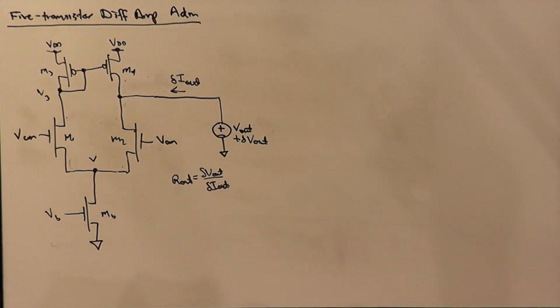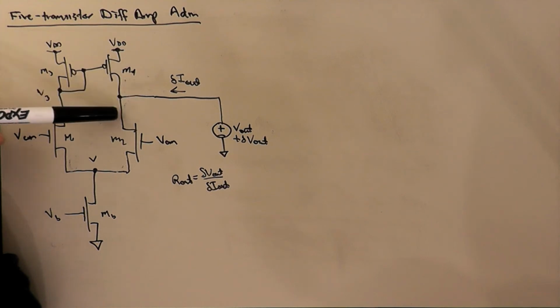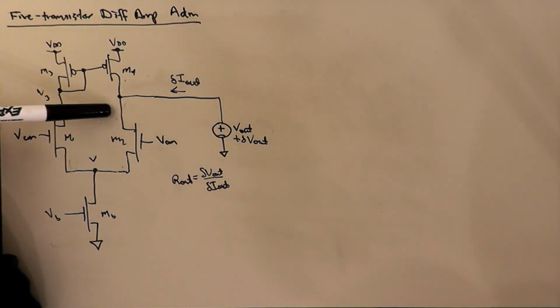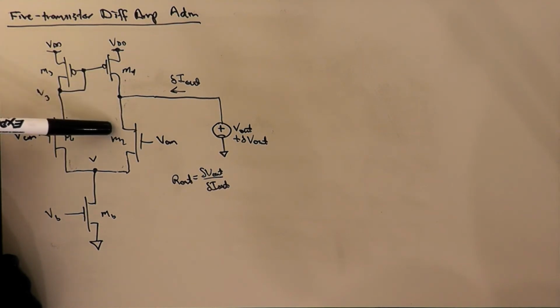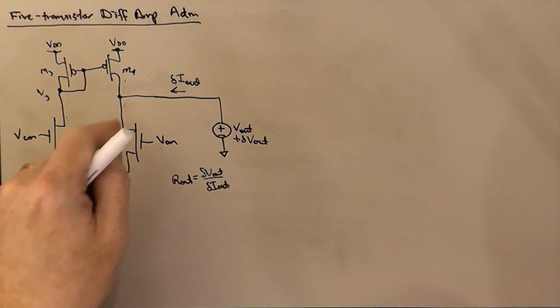Well, immediately we can see that if we don't have any early effect on M2 or M4, there's not going to be any incremental current delta I out that flows back in here, because we've got the drain of a saturated M4 and the drain of a saturated M2. And so we're going to at least have to have the early effect of these two transistors to get a reasonable read on a finite R out. And it turns out that those are the only two early effect resistors we're going to need.